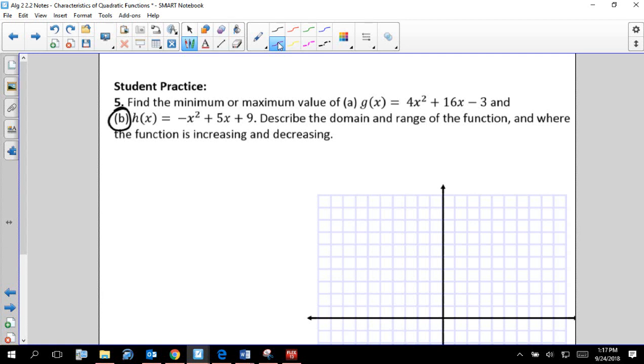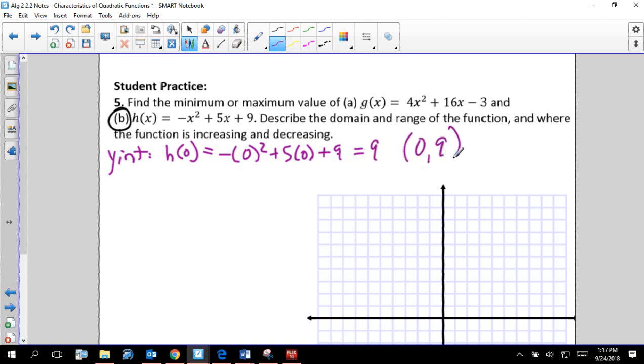Doing B, the y-intercept. We're going to plug in 0 for x, and this one's h, so h of 0. Plug in 0 for x, I have negative parentheses 0 squared plus 5 times 0 plus 9. That gives me 9. My y-intercept, 0, 9.